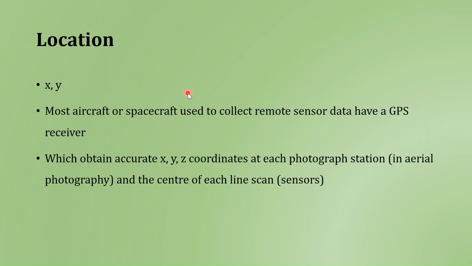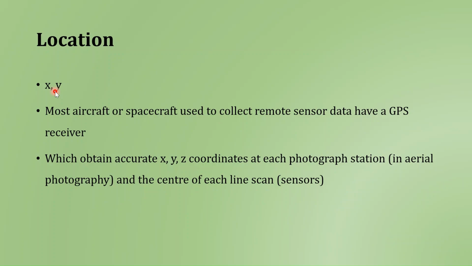Apart from all other elements required for visual interpretation, location is also one of the basic elements in image analysis, because this gives us an idea about the geographical location on the earth, and it includes the latitude and longitude.